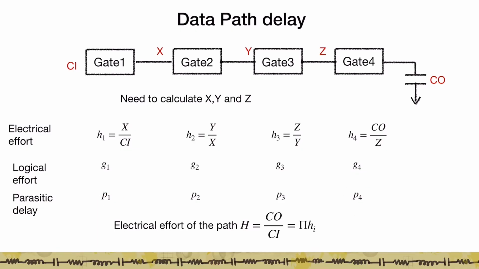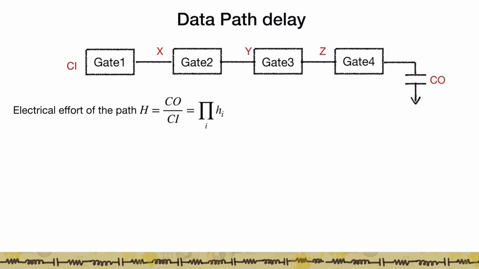Now if I look at the electrical effort of the entire path, that is, how much does this path have to work towards driving this output load, then extending the concept from a gate, the electrical effort of the path is given by the ratio of the output capacitance of the path and the input capacitance of the path, and it is the product of the individual electrical efforts.